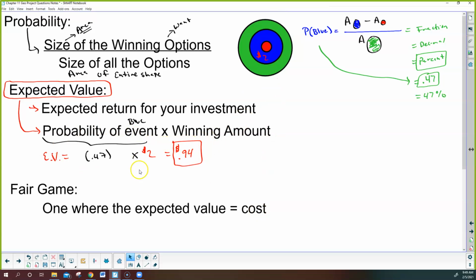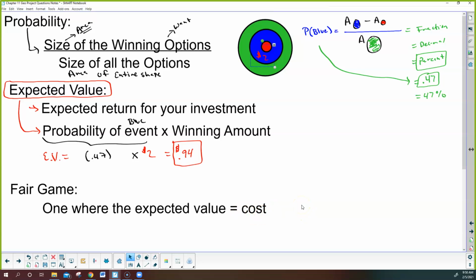So if I wanted to make my game fair, there's one or two things I could do. I could change the probability to make this closer to getting an expected value of $2, or instead of making it a $2 prize, what if I made it a $5 prize? Or what if I made it a $10 prize? Then you can change the expected value compared to the cost.